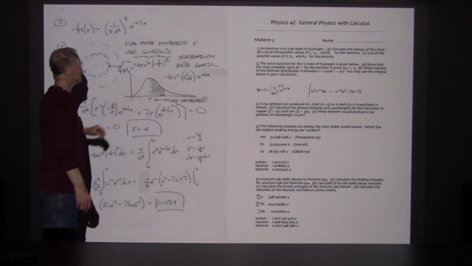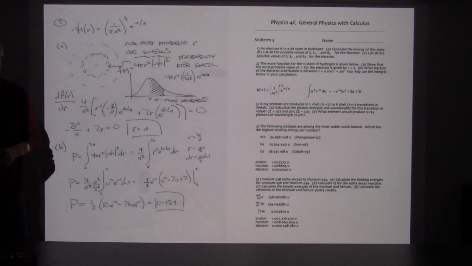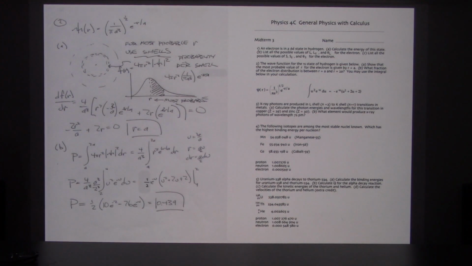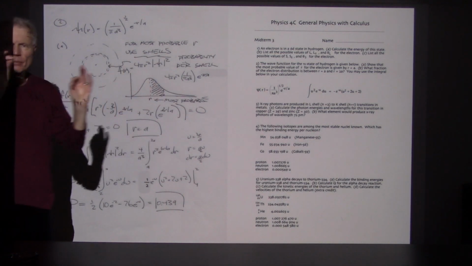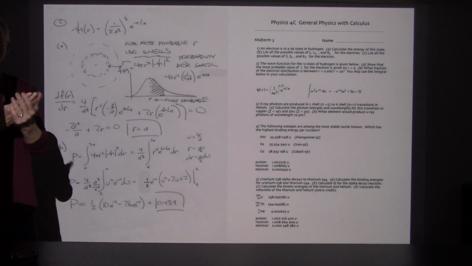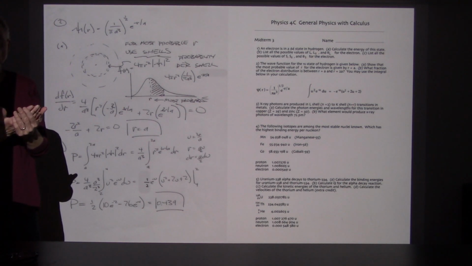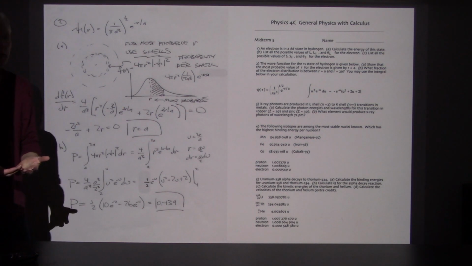Now it's asking which r value is most likely. It's not asking what location is most likely. It's asking what r value. So it's not comparing one point with another. It's comparing one spherical shell with the other spherical shells.